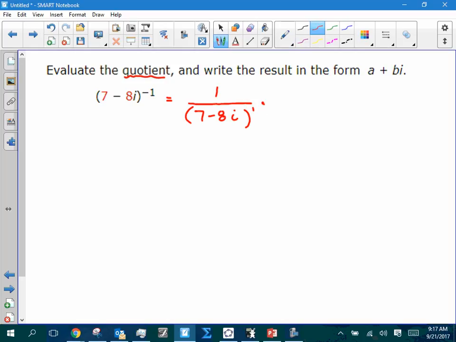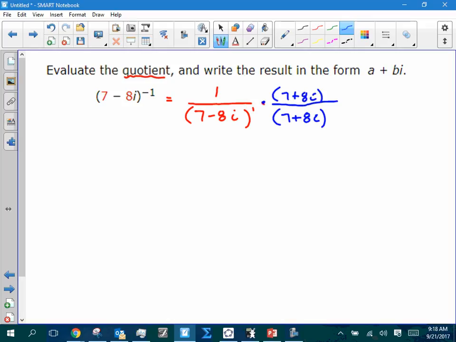But we're really not going to divide. We're going to multiply by, careful, the conjugate. We multiply by the conjugate of the denominator. Always has to be of the denominator. Because the goal is to make the denominator a pure, real number. And the only way you can do that is through conjugates.